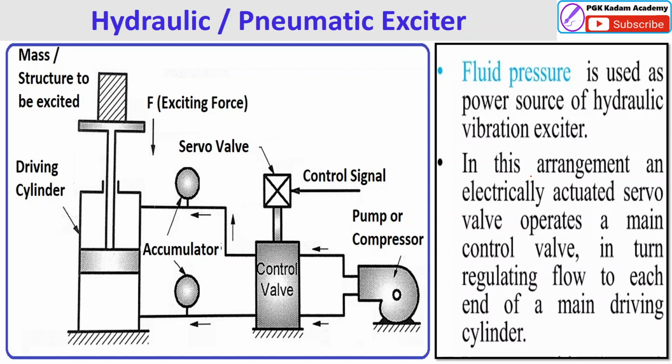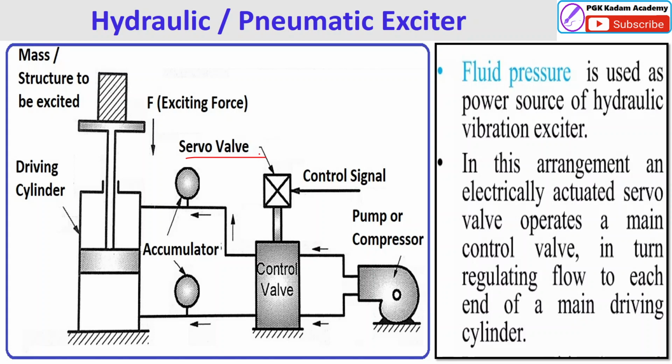In this arrangement, there is an electrically actuated servo valve. This servo valve is electrically operated and actuates the main control valve, which creates the excitation. It is a hydraulic exciter when oil is used, and when air is used, it is called a pneumatic exciter.